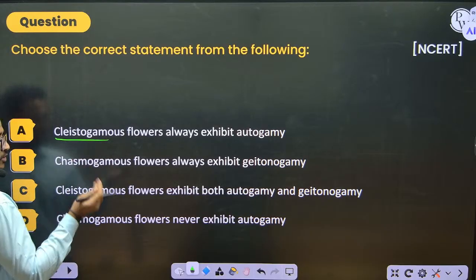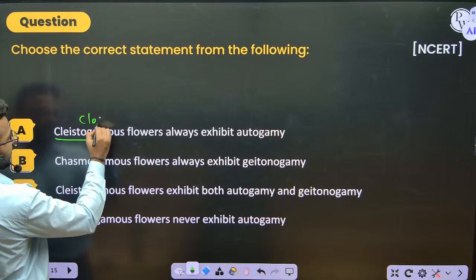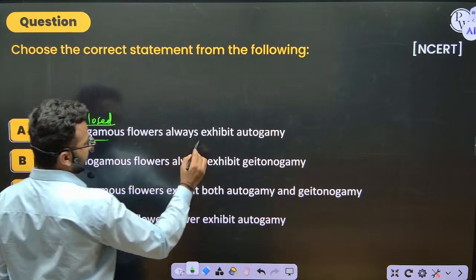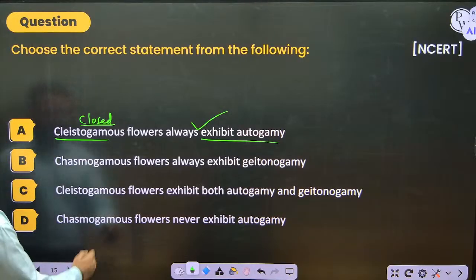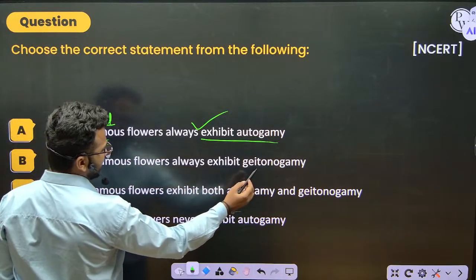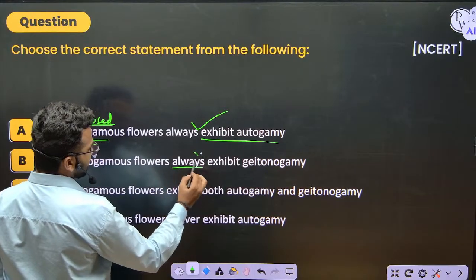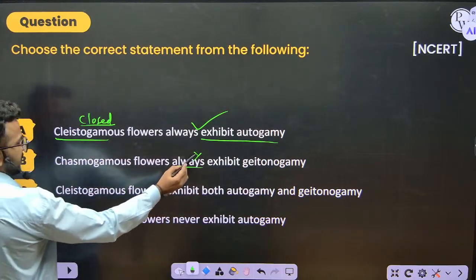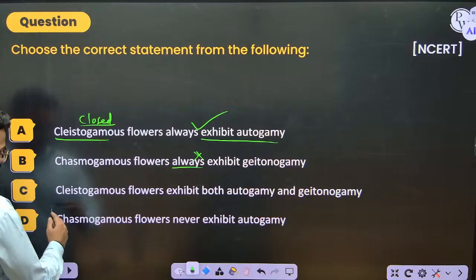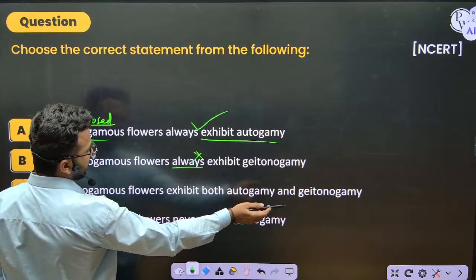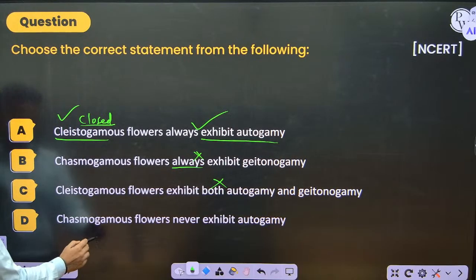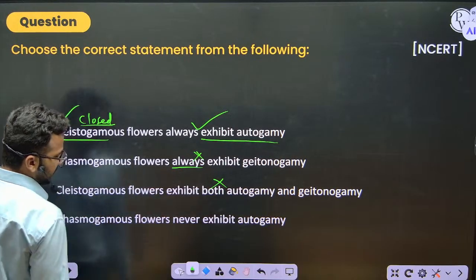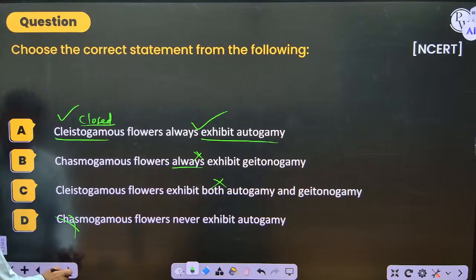Cleistogamous means closed flowers, which always exhibit autogamy. That is the correct statement. Chasmogamous flowers always exhibit geitonogamy. Not always. Cleistogamous flowers exhibit both autogamy and geitonogamy. No, geitonogamy is not possible, only autogamy. Chasmogamous flowers never exhibit autogamy. No. Option A will be the answer.